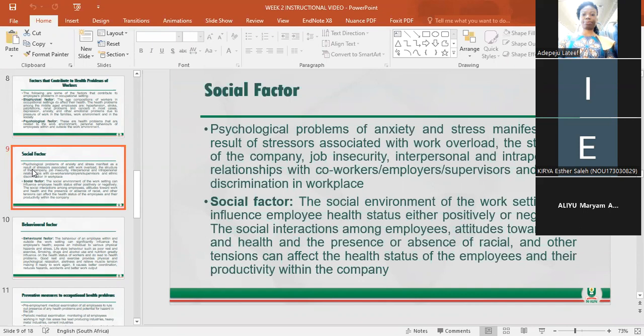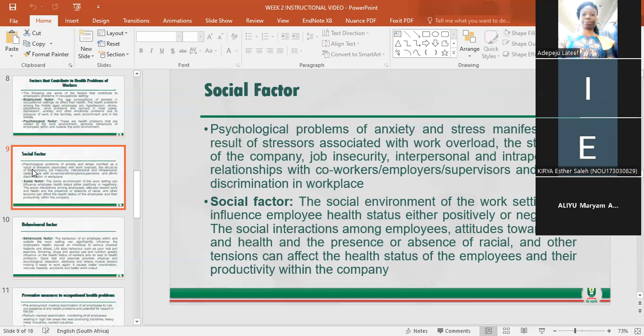The attitude towards work. A lot of people get influenced from their environment, maybe as a result of racial tension that is going on in the environment where you work. Maybe there is tension, maybe there is a kind of unfriendly environment.